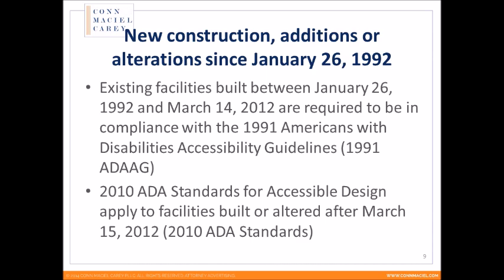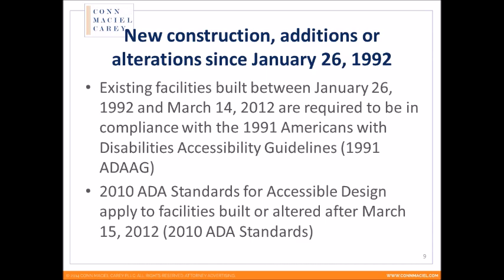And then even more recent facilities, more recent alterations must comply with the current ADA standards, which is the 2010 ADA standards, and those came into effect after March 12, 2012.